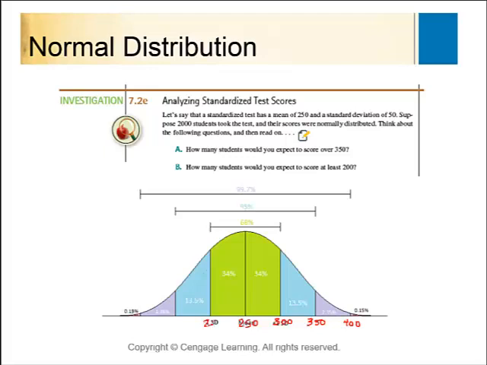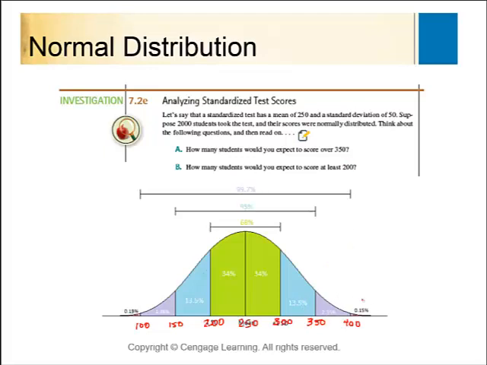This would be 200, 150, and 100. That means 68% of the people score between 200 and 300. 95% of the people will score between 150 and 350. So how many students would I expect to score over 350?